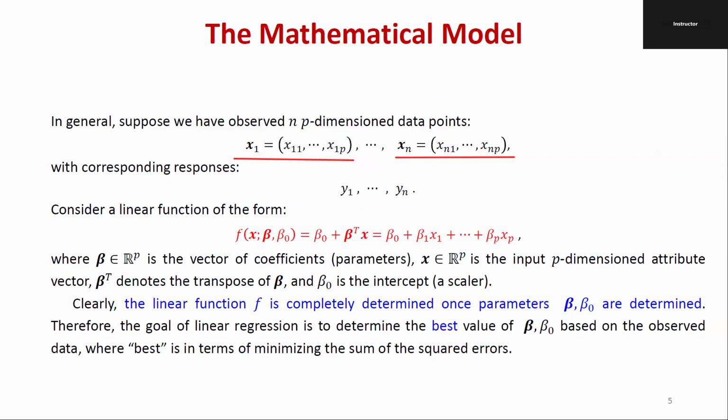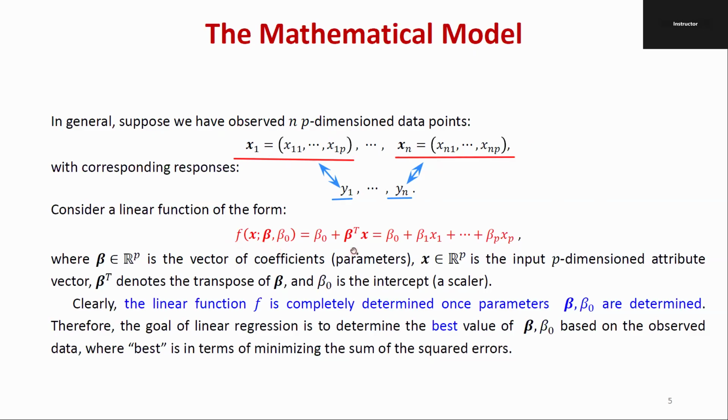They are y1, y2, until yn. These are the corresponding responses. Be careful, corresponding means x1 corresponds to y1, x2 corresponds to y2, xn corresponds to yn. Now I want to find a linear function to fit these n data points.